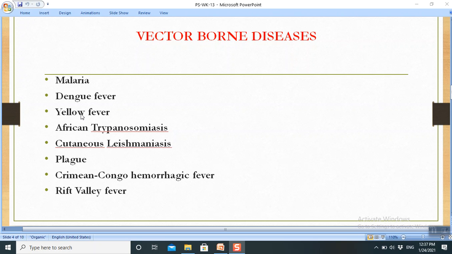The common areas where these diseases happen are Asia, Africa, and South America. Normally rural areas and small towns are very common.